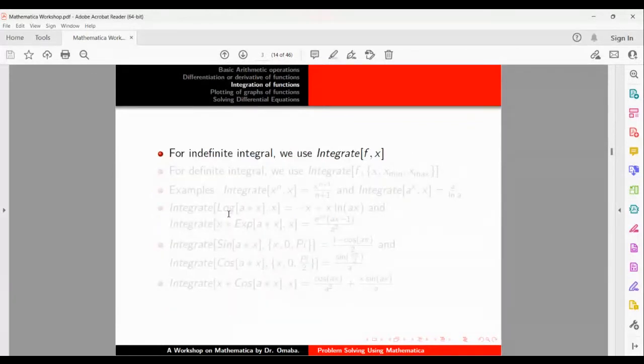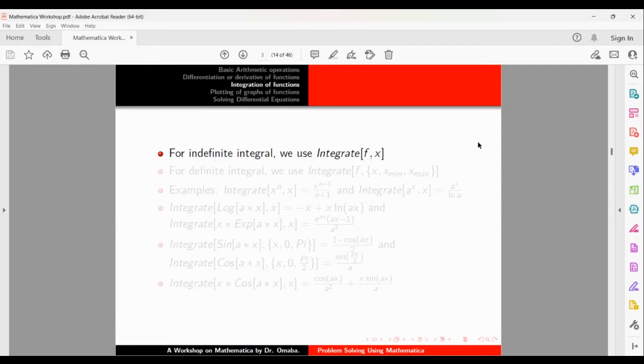So if you want to integrate, if it is an indefinite integral, you have to write the word integrate. That is the command, integrate. Then you write the function you want to integrate, and then the variable you want to integrate with. Just the same way we did in a derivative.